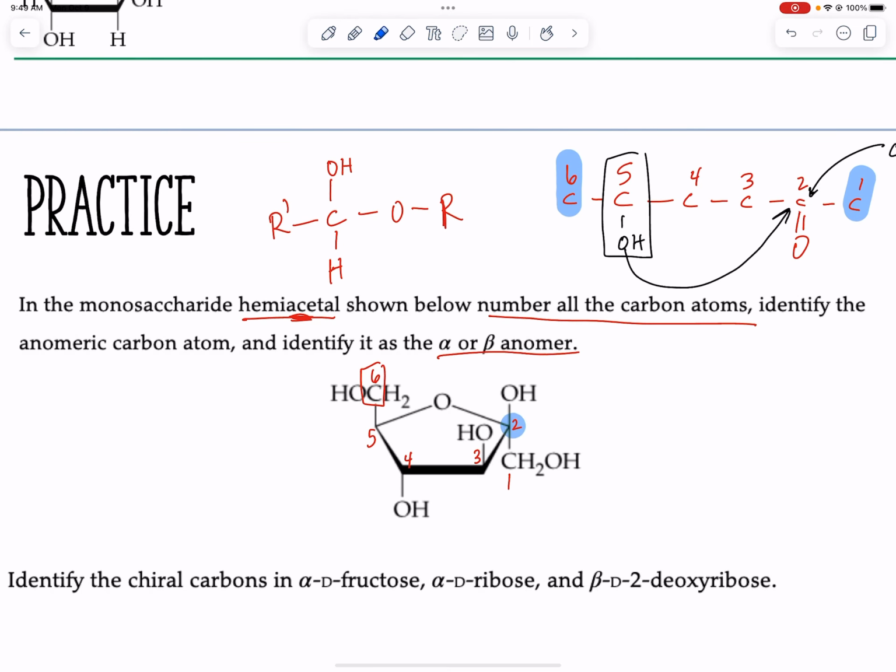And then we have two carbon-based bonds off of this, which makes this exact carbon right here, carbon 2, the anomeric carbon.